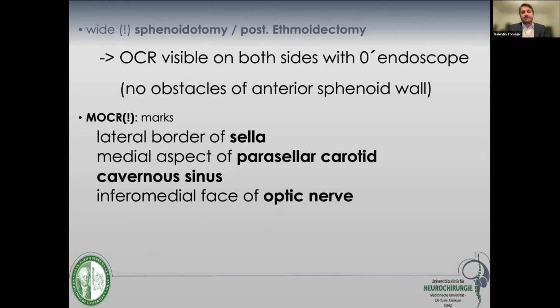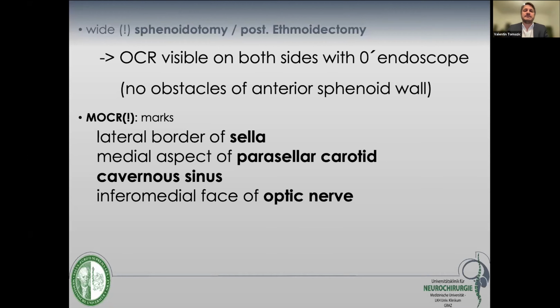So as a little summary for the first vital anatomic structures, you may want to visualize the opticocarotid recess. This is possible with a 0 degrees endoscope once you have really opened the sphenoid sinus and resected the anterior wall and the intersphenoidal septum, so you can look from both sides. Don't be disappointed if you encounter a sphenoid sinus that is not as impressive, because the more pneumatization the sphenoid sinus took, the more those structures are displayed, and the less pneumatization, the more flat the surrounding is.